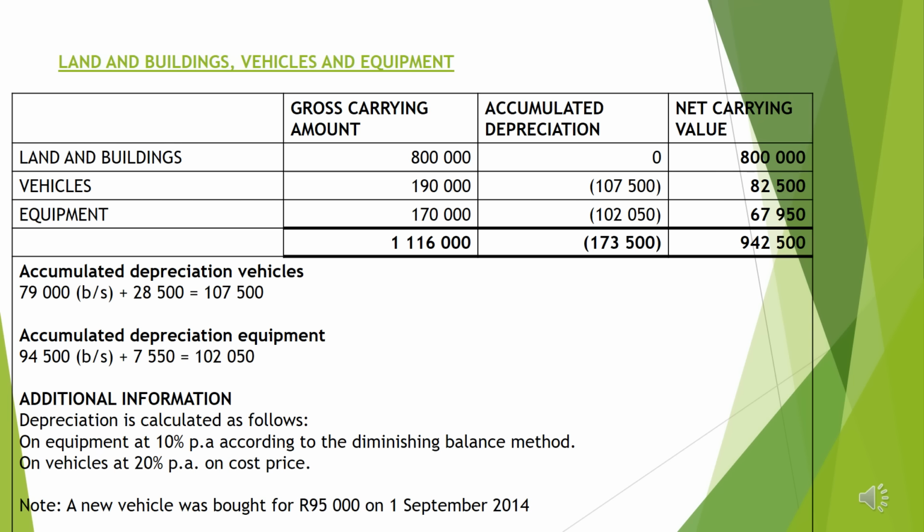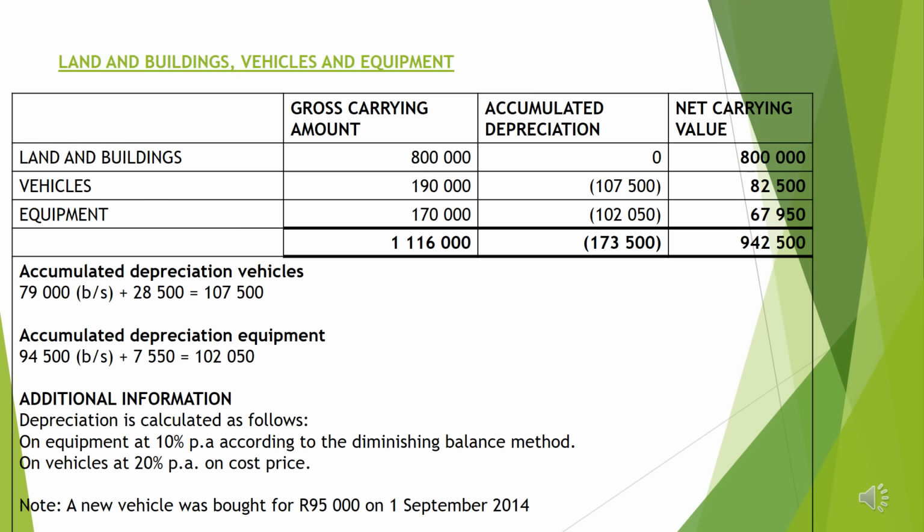Now, let us go back. We need to say 28,500 rand, the depreciation for the year, plus the accumulated depreciation balance from the beginning.